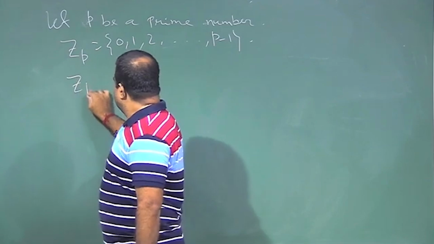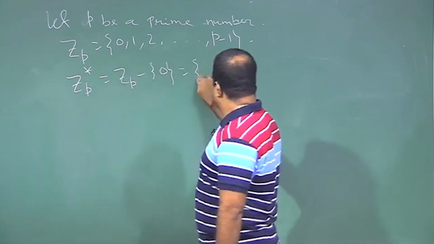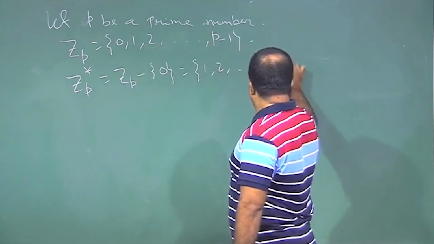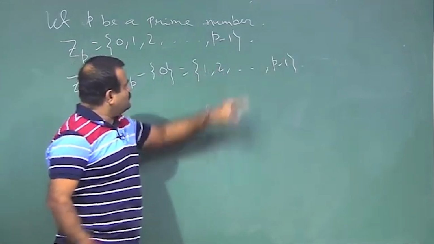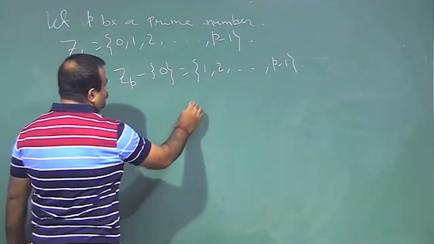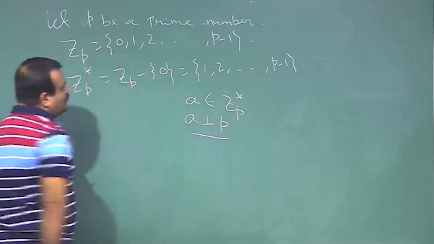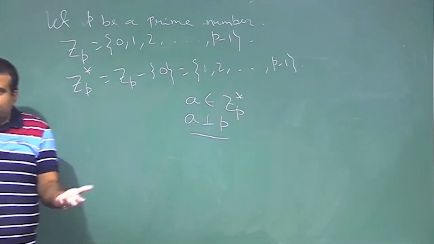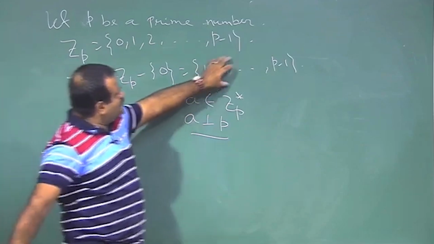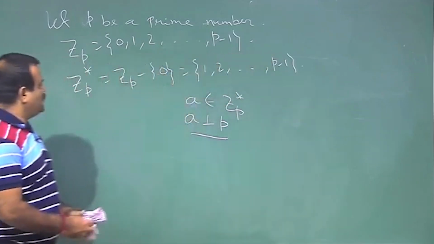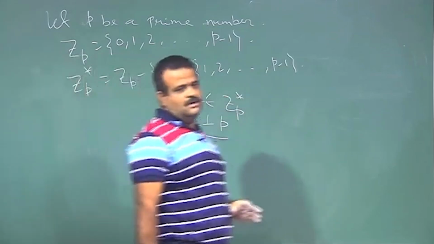Now, if we omit 0, this is Zp minus 0, that is Zp star. Since p is a prime, if we take an element a from Zp star, then a must be relatively prime with p, because p has no factor other than 1 and p. So, each element here will have a multiplicative inverse.